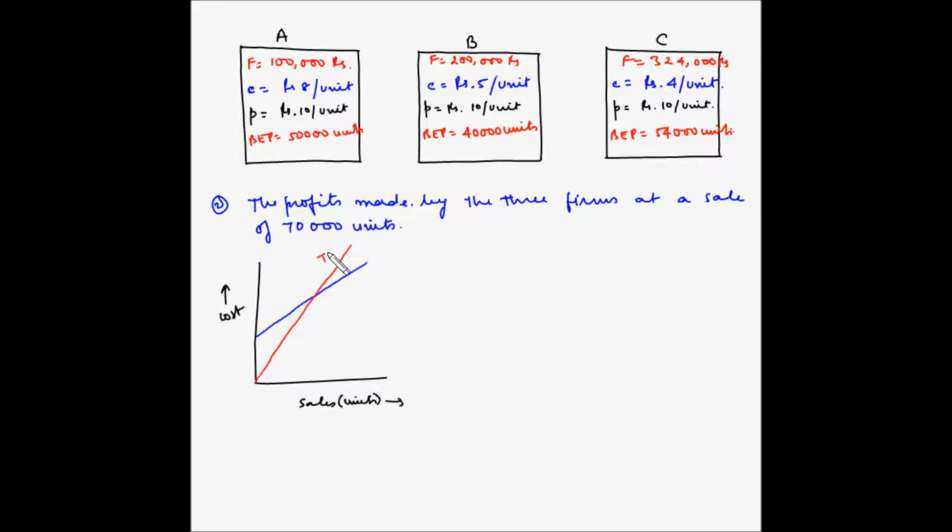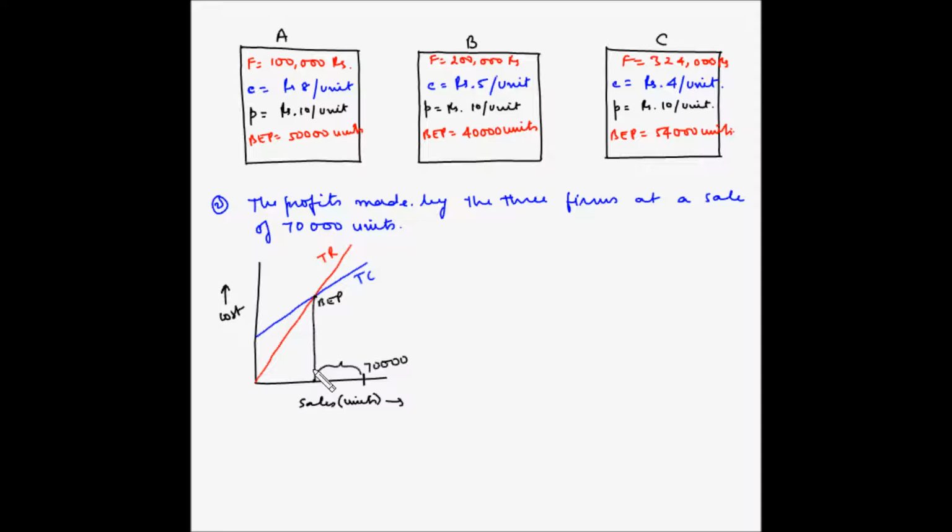So this is total revenue and this is total cost, and the point here is the break-even point, and this quantity is the break-even point quantity. Now the firm can continue producing more than the break-even point quantity. So what we have been given is that the firm is producing 70,000 units. So how much is the profit? So the profit will be this amount, which is also known as the margin of safety.